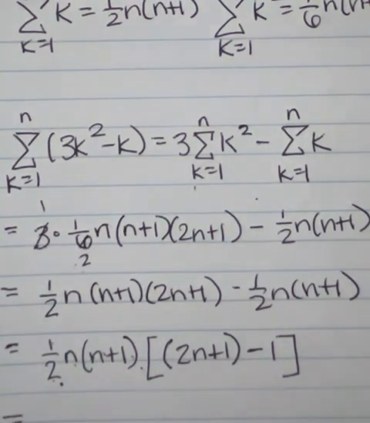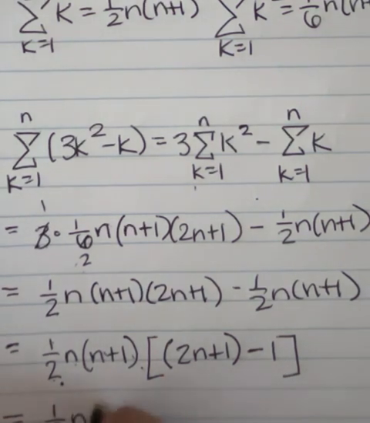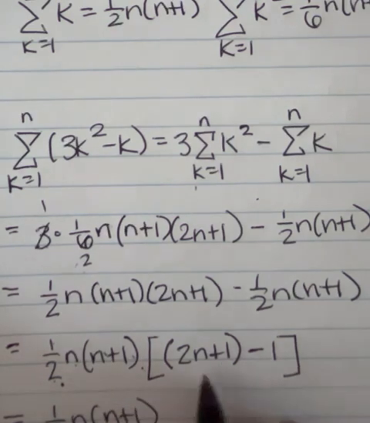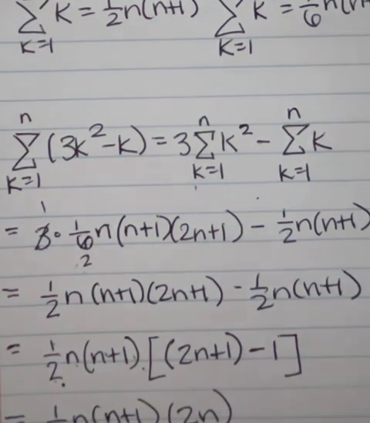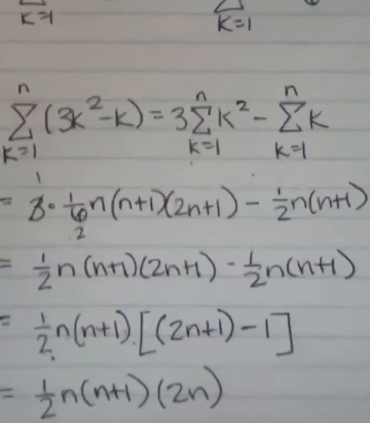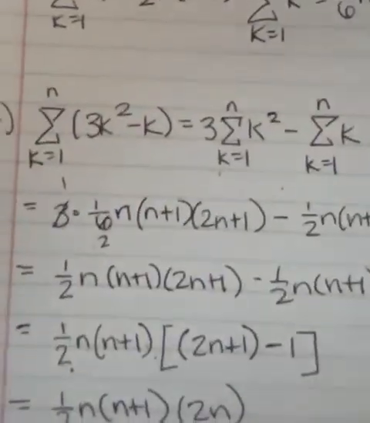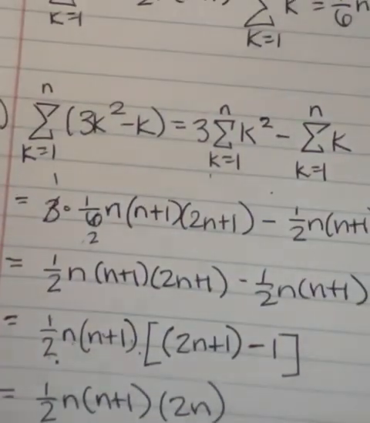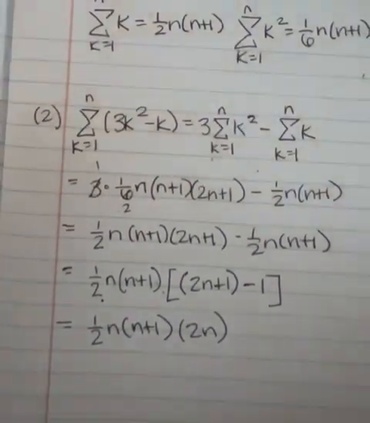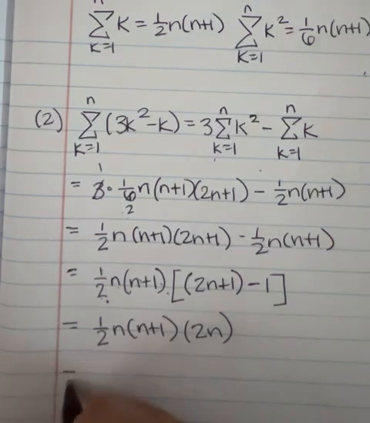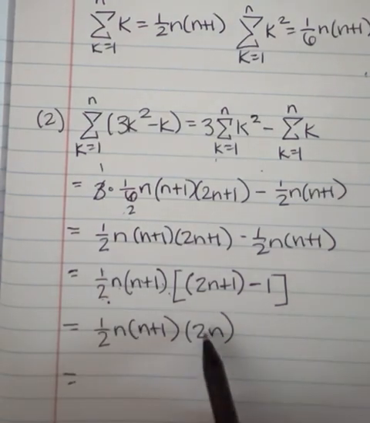Then I have a half n plus 1, and this becomes 2n. Then we can multiply.